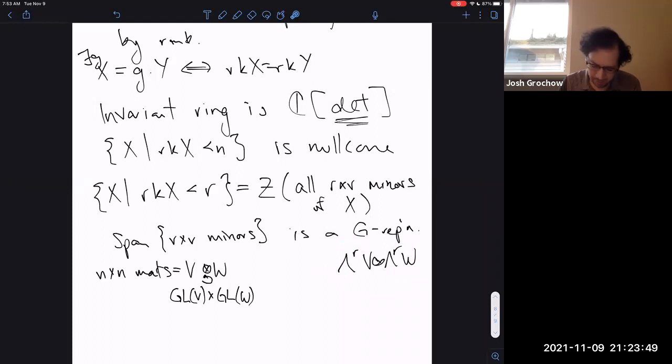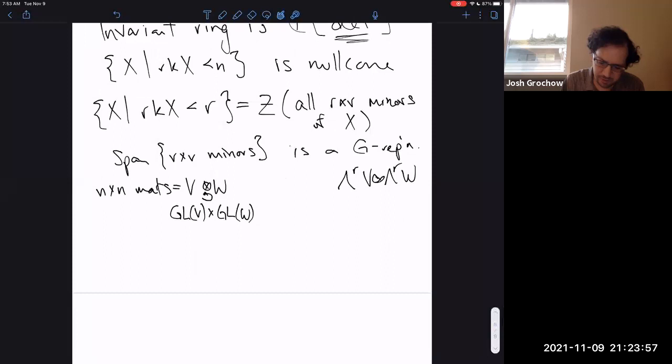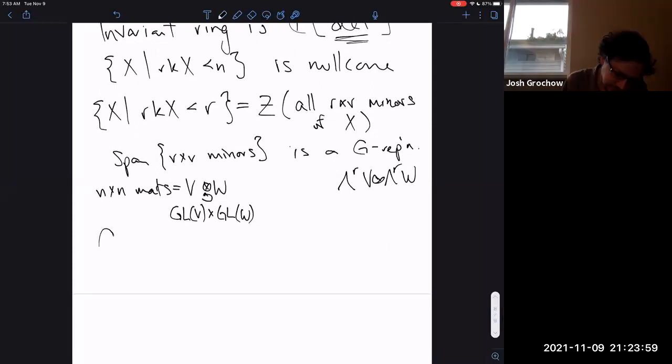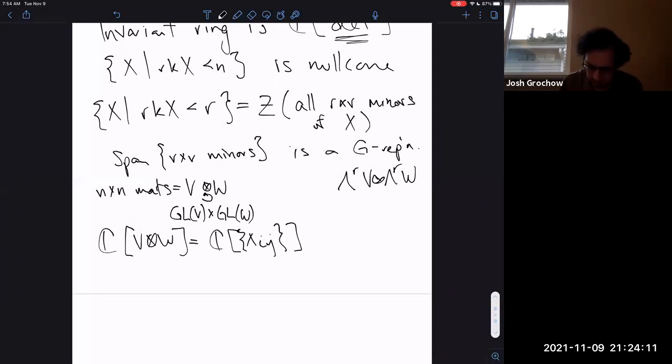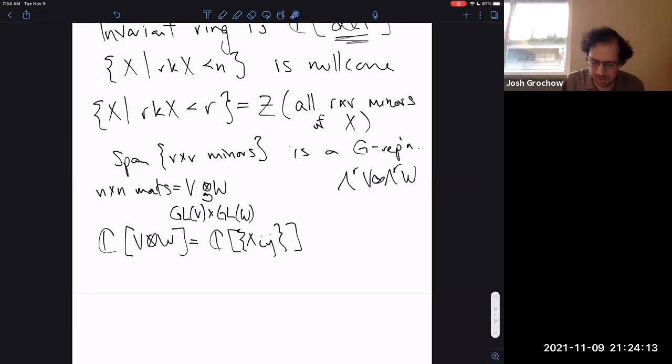Okay, and so the point is, here I have these modules sitting inside the coordinate ring, right? So our coordinate ring again is C of V tensor W. This is just C adjoin all X_ij. Okay. And these modules all sit inside here, and their vanishing corresponds to this.